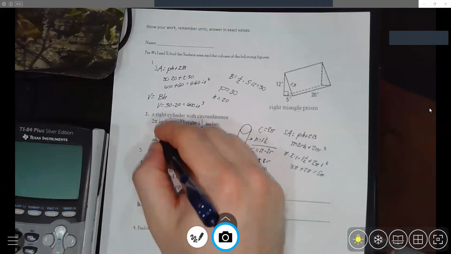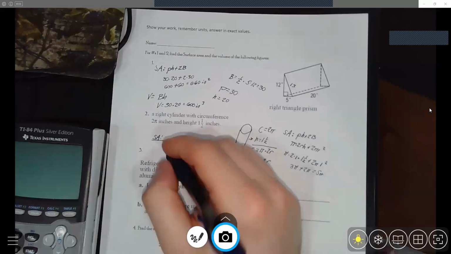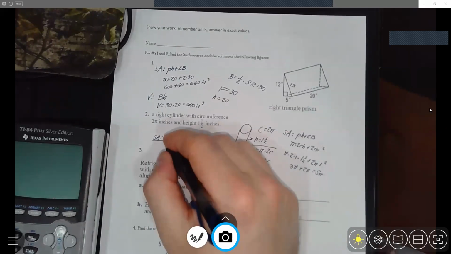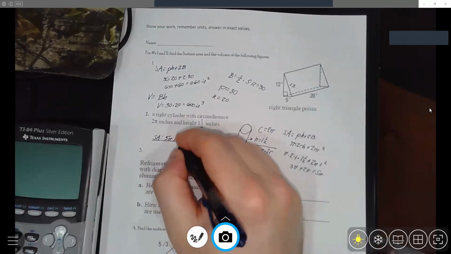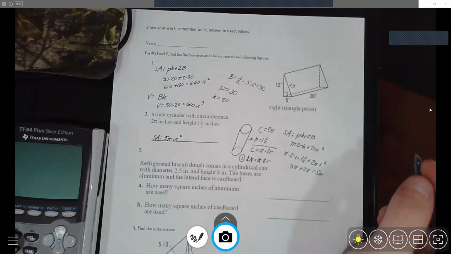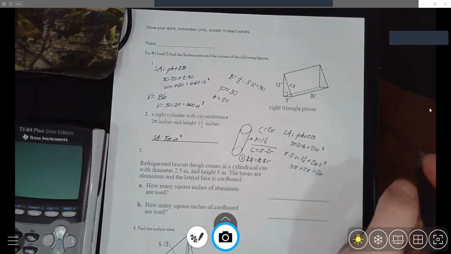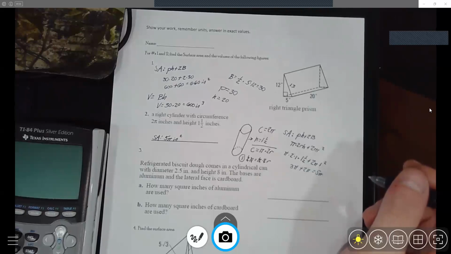So surface area is 5 pi inches squared. Just double checking in my head, make sure I did it correctly.